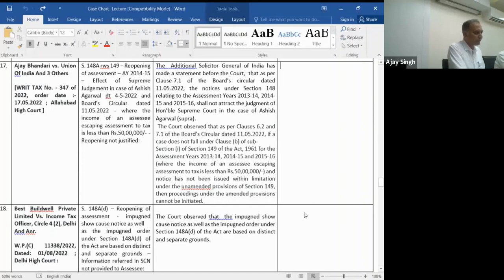Coming to the next decision, Best Built Well Private Limited. Again, this is in the context of the new provision 148D.